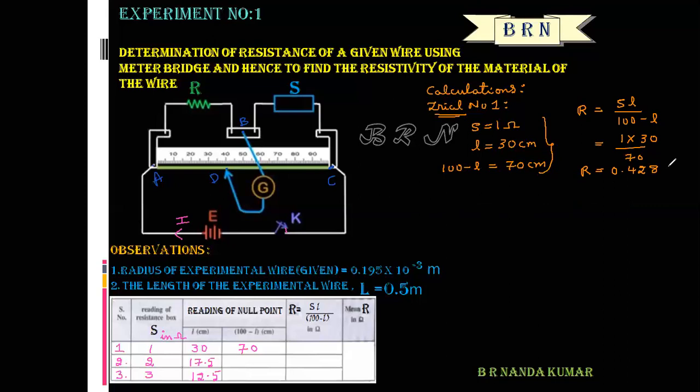Rounding, we get 0.4286. What is the unit? Ohm. This is about the first trial calculation, and go to the next trial, trial number 2.